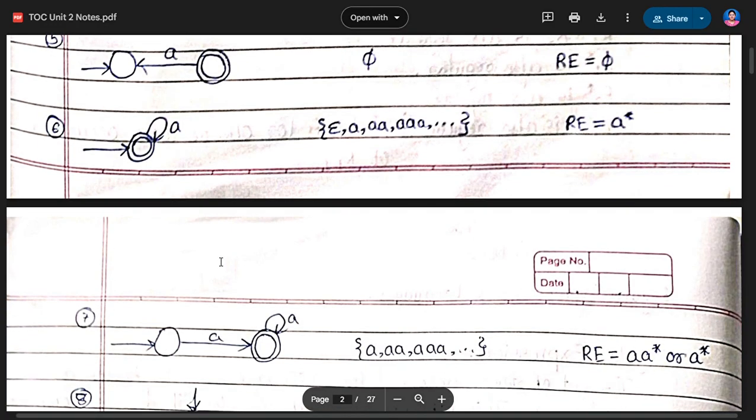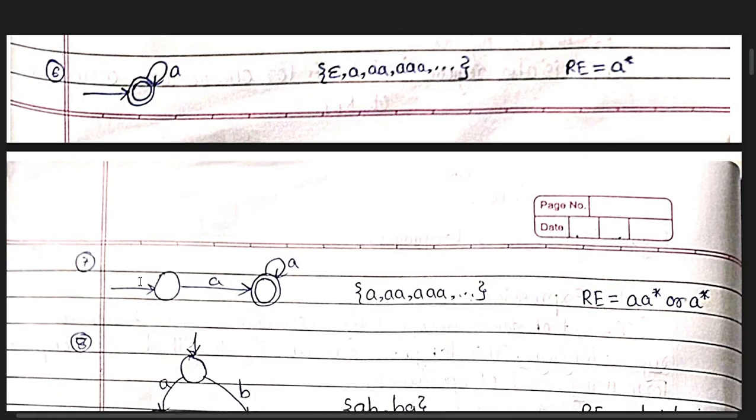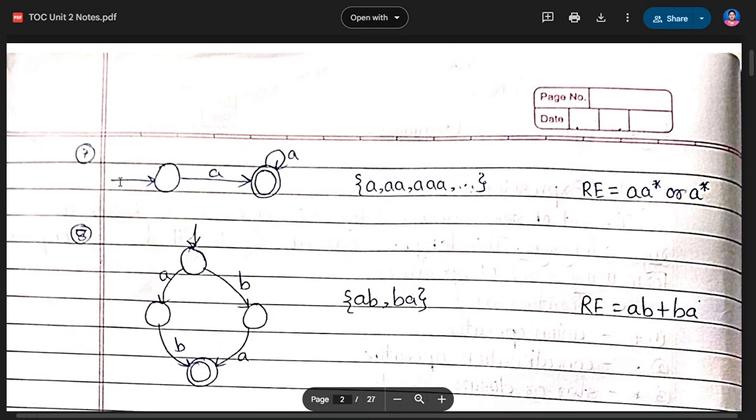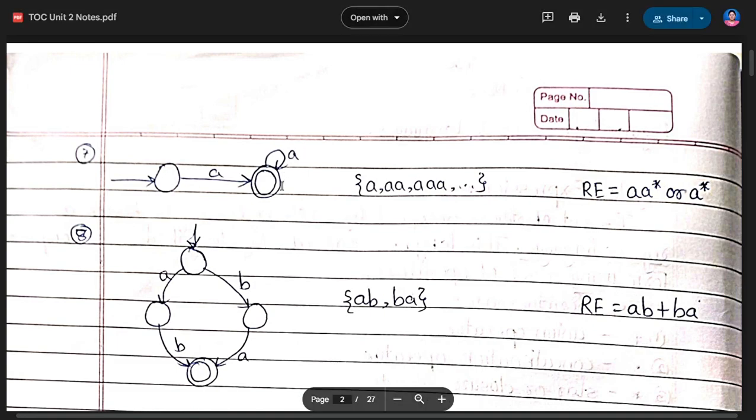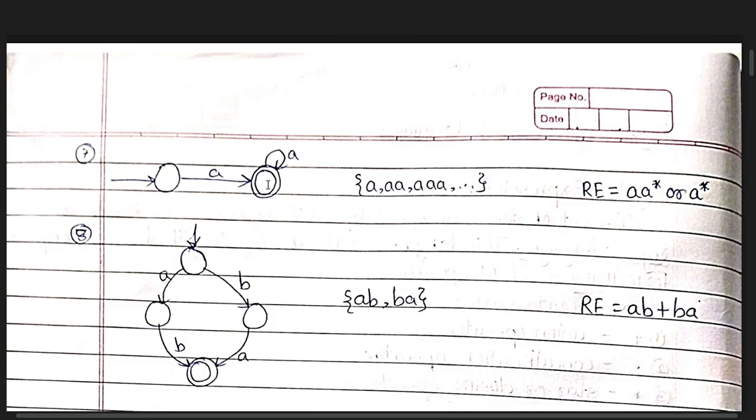Maybe you are given this diagram. Now A is passing to this state, and this state has a self loop A. The answer may be A, then AA, or maybe triple A, four times A, maybe an answer like this.